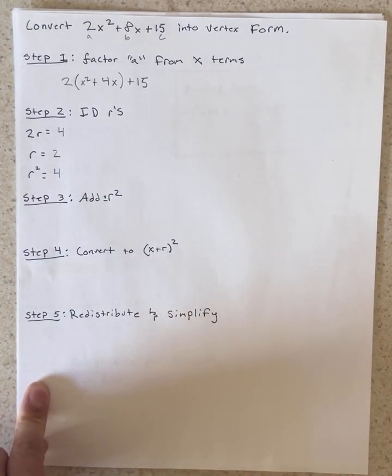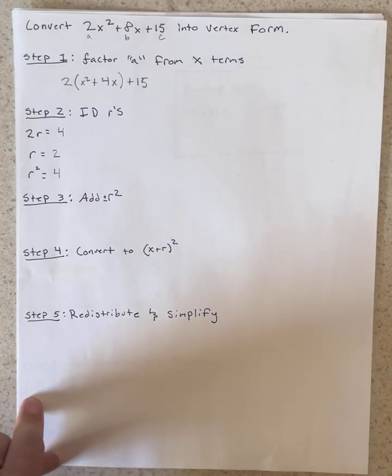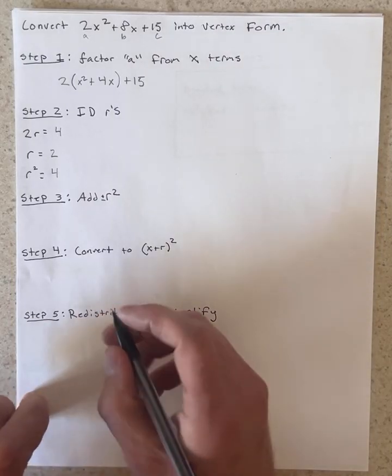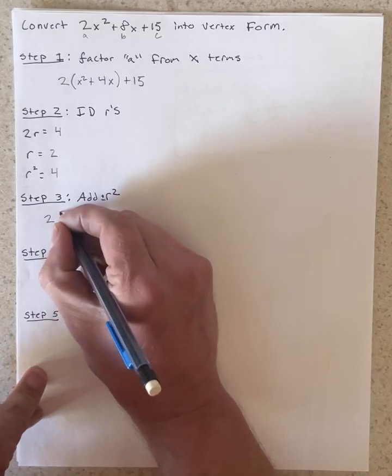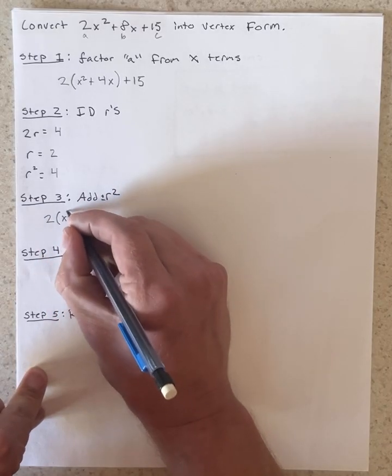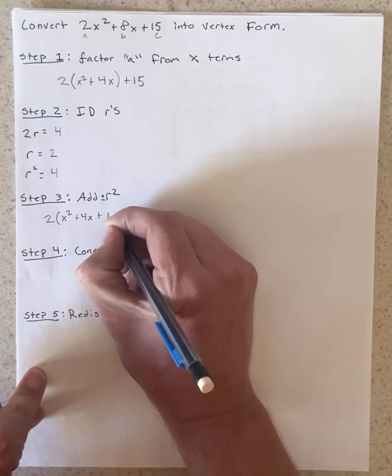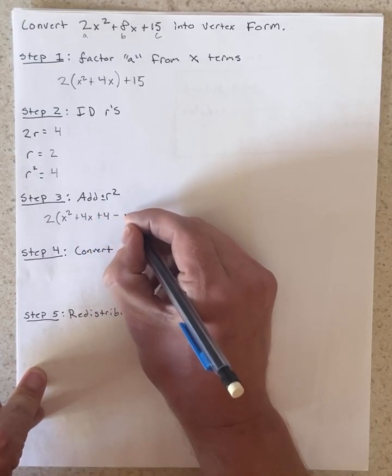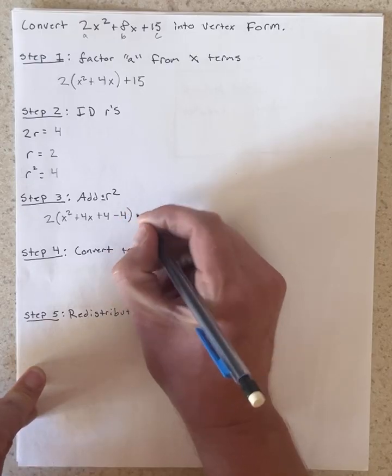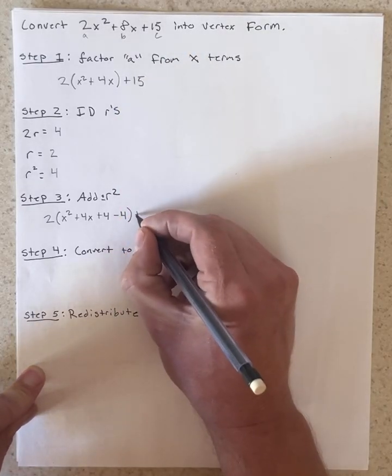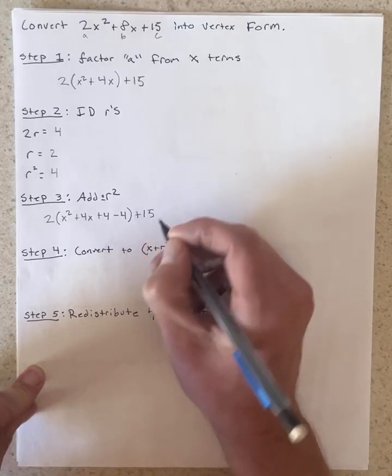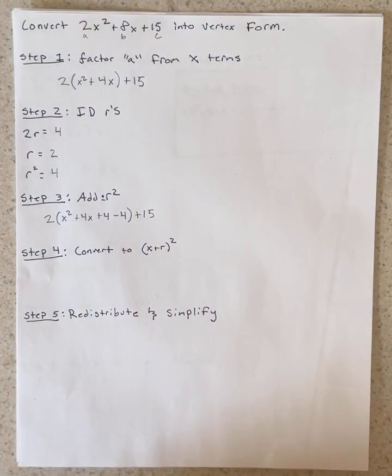Once I have that, I'm going to take my expression and add the plus r squared and the minus r squared to the expression. So I'm going to write out 2 parentheses x squared plus 4x plus 4, and then a minus 4, close parentheses, and the 15 is going to come down. And by adding the r squared, we have created a perfect square, which we're going to convert into x plus r squared form.